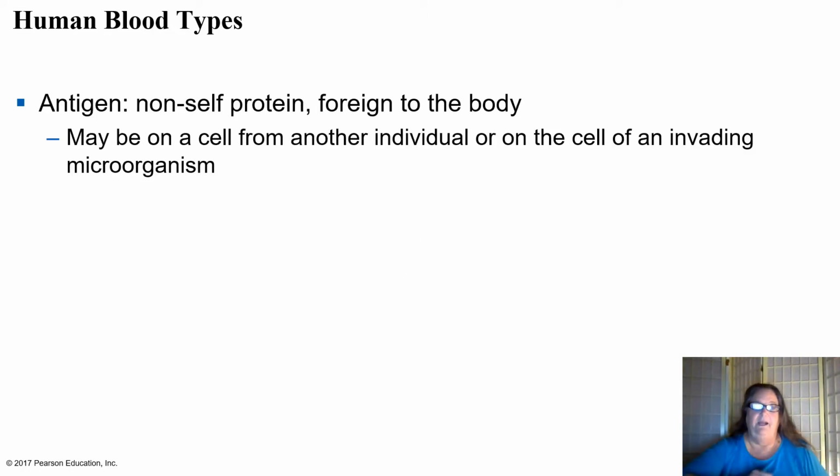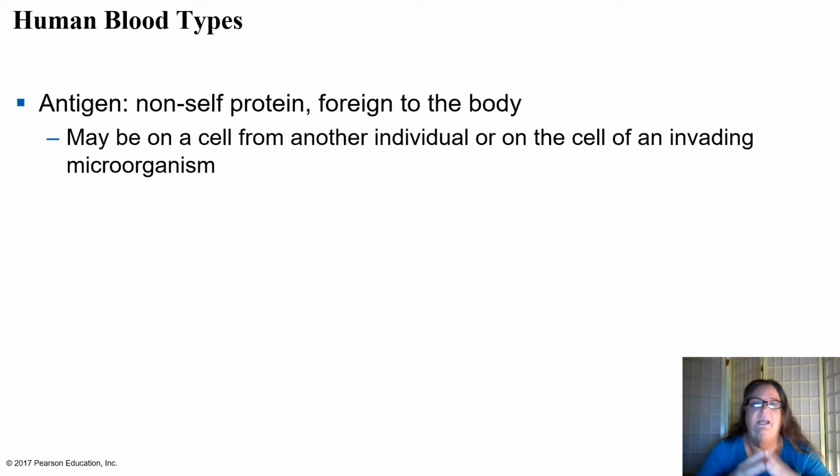Now, we're going to back up a little bit. An antigen is a protein coming from outside that the body recognizes as being non-self. So in cases of kids that react to peanut butter, that is an antigen for them. That causes an overreaction.